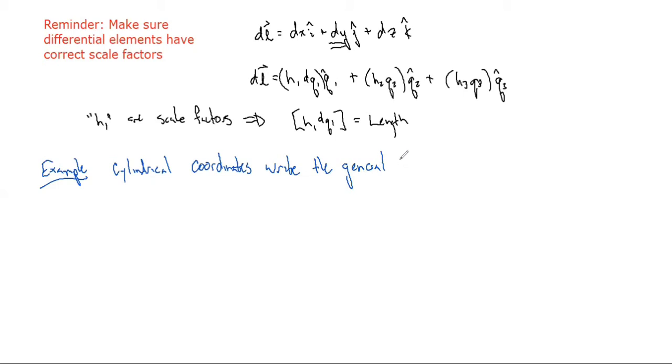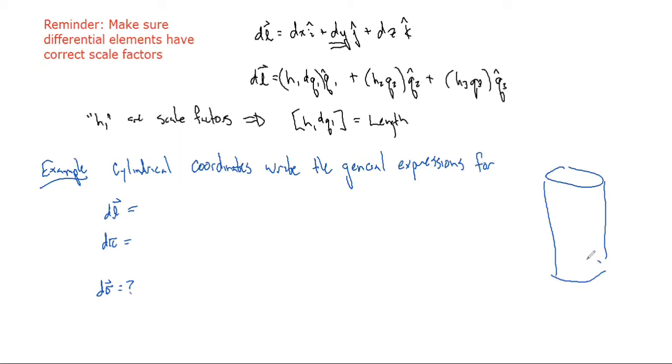So the general formulas for dl and d tau. And then we'll talk a little bit about d sigma. And while you're doing that, I'll just draw a cylinder.